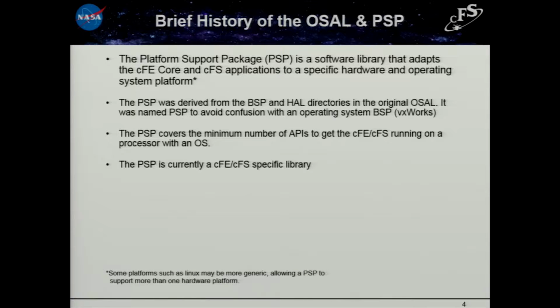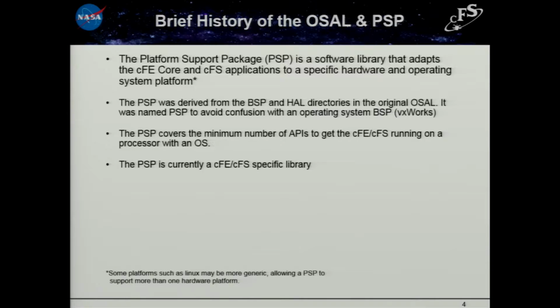Now the platform support package is a software library that adapts the CFE core and the CFS applications to a specific hardware platform and operating system pair. It was derived from the early version of the OSAL, where we had a little BSP layer with startup code and make rules and things like that in the OSAL. In fact, they still are kind of in there. And we had a hardware abstraction layer directory in the OSAL.